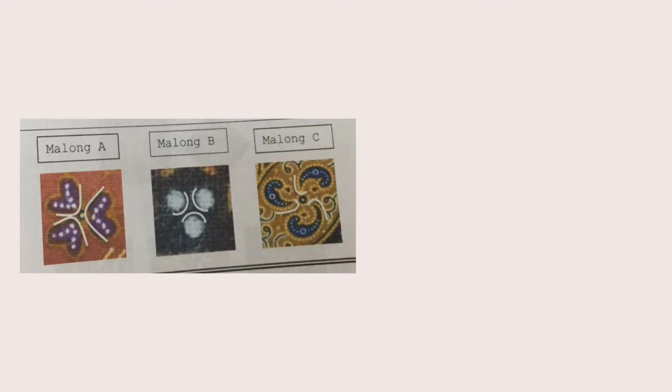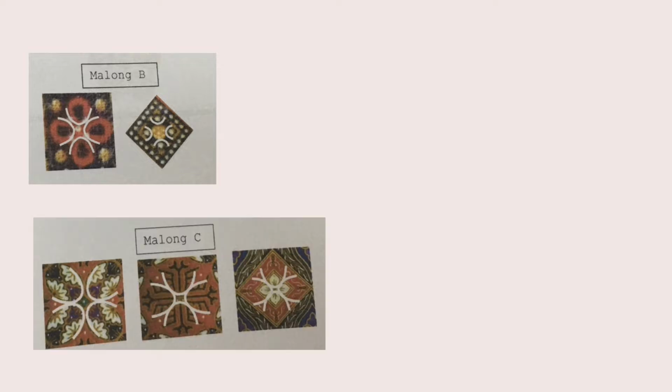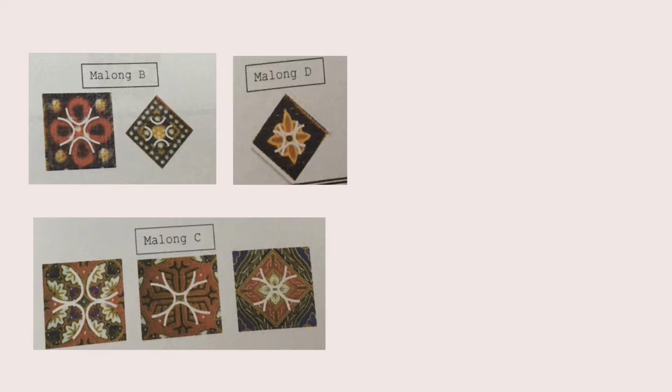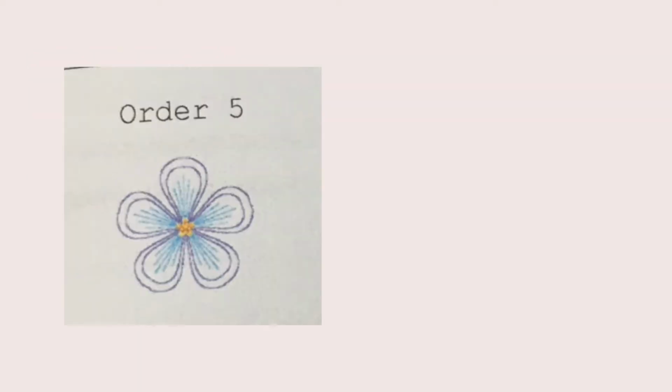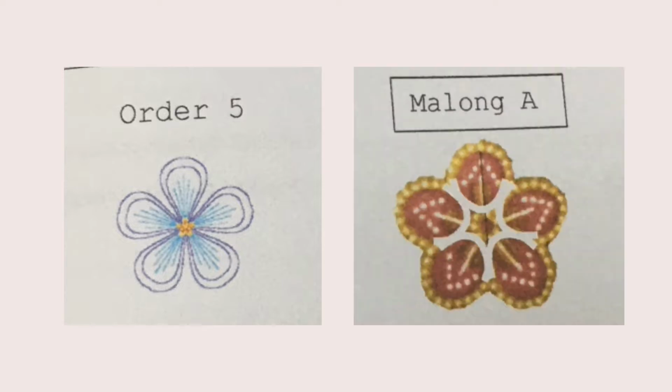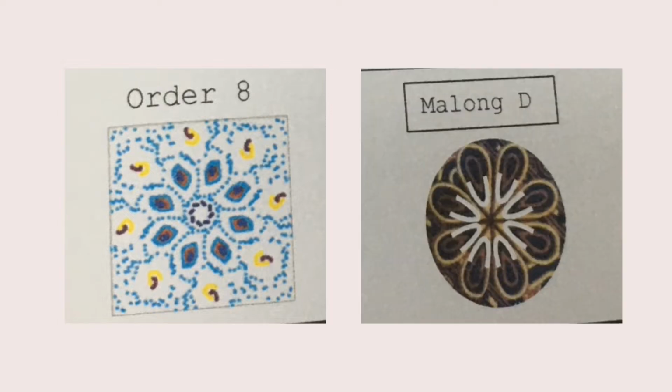There was 1 design found for each Malong employing order 3, except for Malong D. 2 designs in Malong B, 3 designs in Malong C, and 1 design in Malong D were found under order 4. There was also 1 rotational design in order 5 found in Malong A, and for order 8, there was only 1 design found, and it was from Malong D.